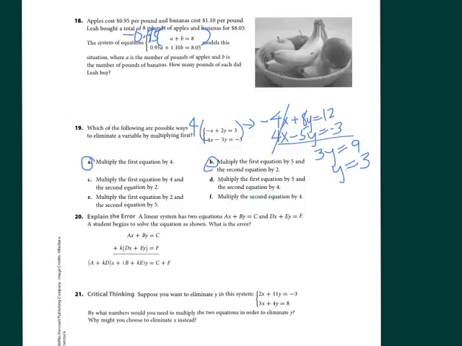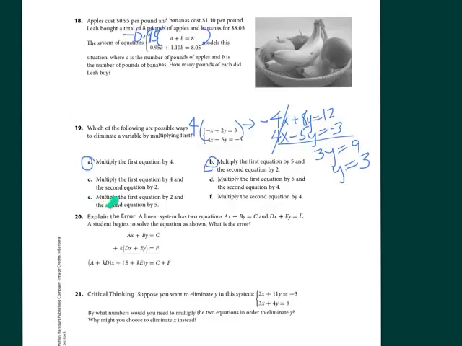So multiplying the first equation by 5 would give me a negative 5, and multiplying the second one by 4 would give me a 16. If I look at my y's, multiplying the first equation by 5 gives me a 10, and multiplying the bottom equation by 4 gives me a negative 20. So neither one of my variables would cancel.